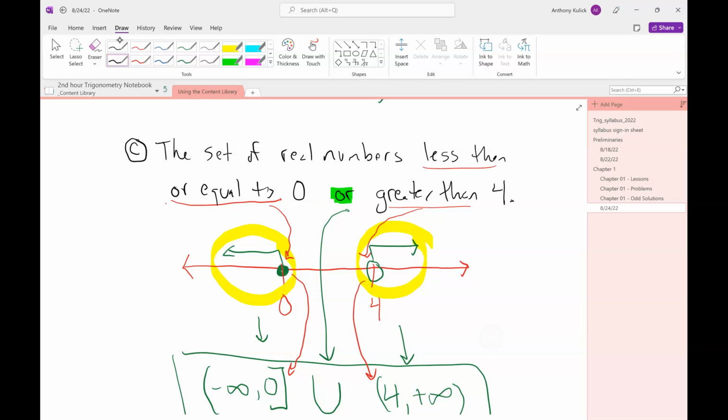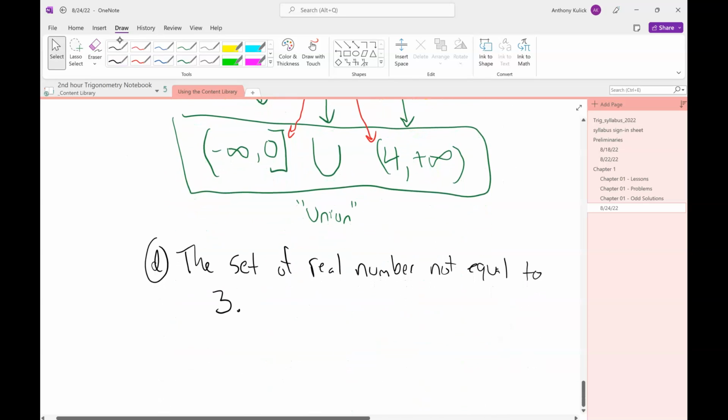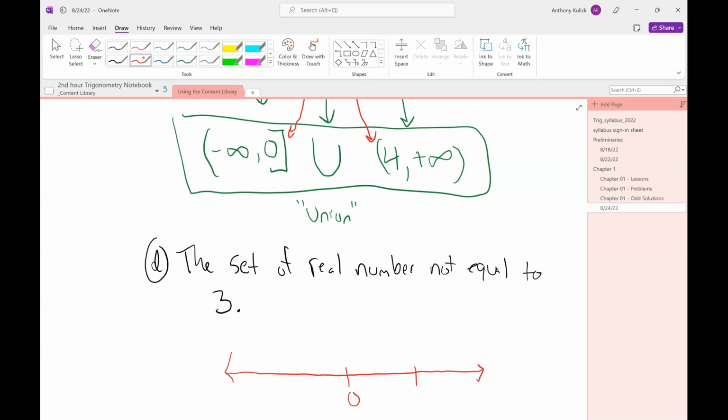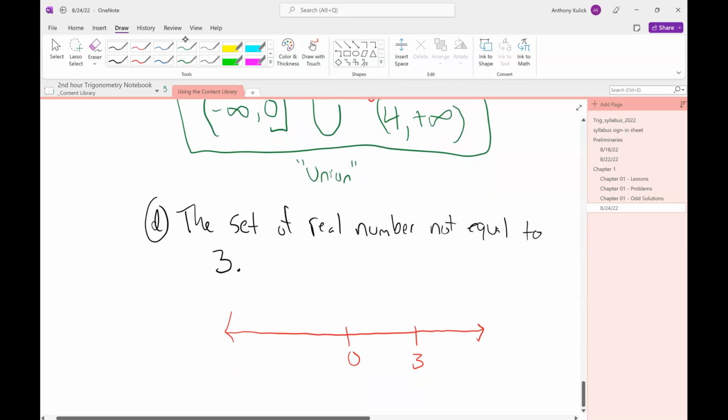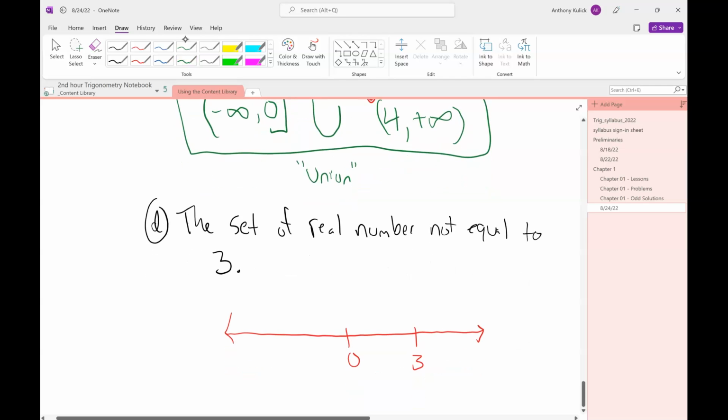All right. Our last interval notation example, the set of real numbers not equal to 3. What are we going to do with this thing? So what would you propose to draw?